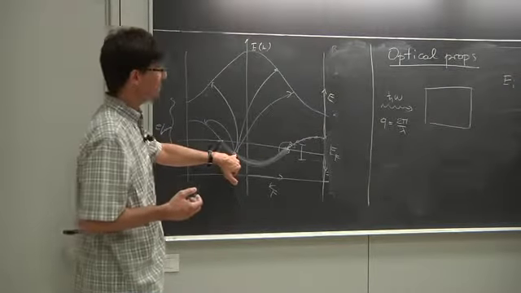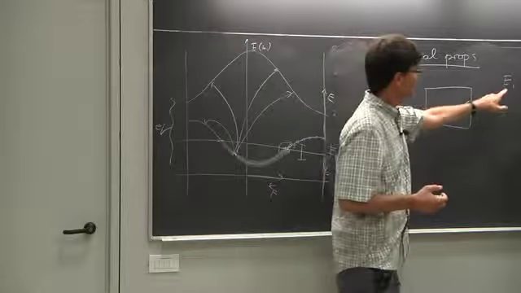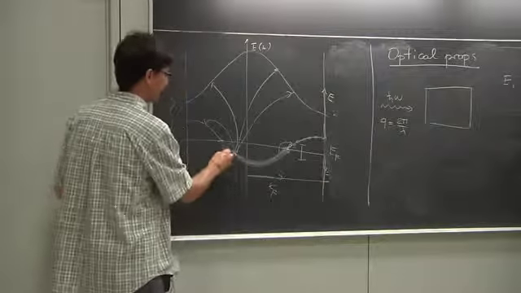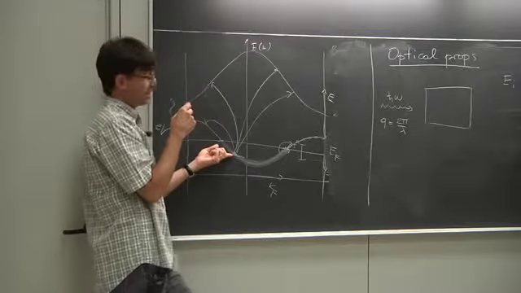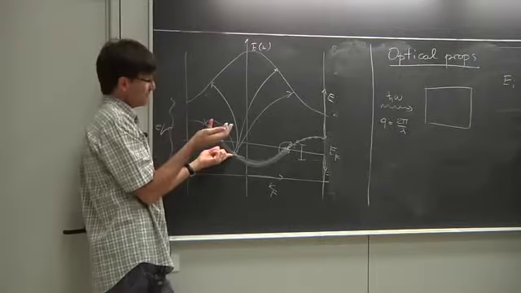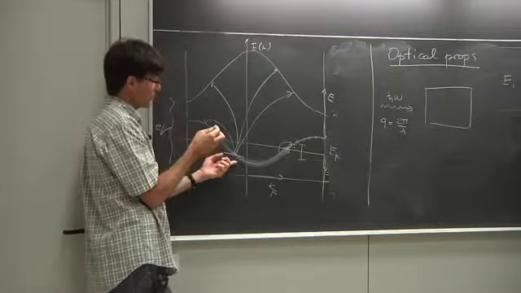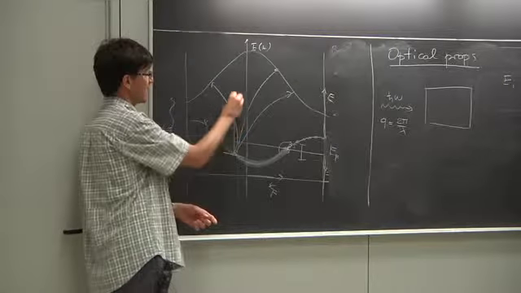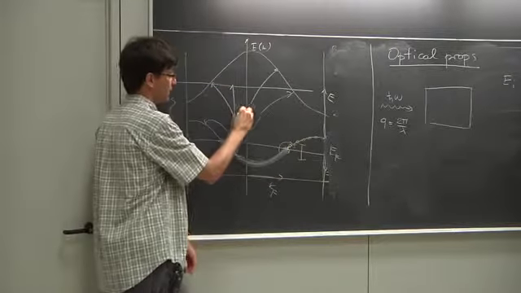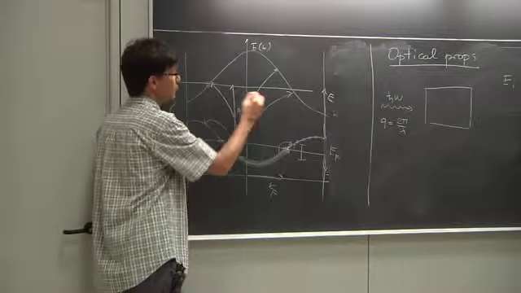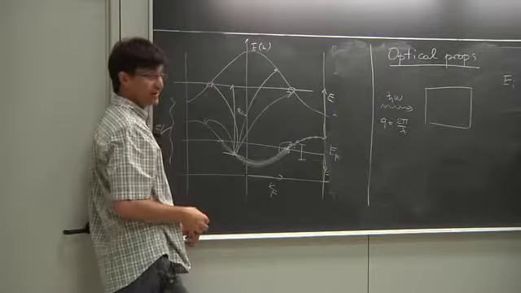You have to make sure that this condition is satisfied, that there is a state at an energy equal to h bar omega. But that is, with a few exceptions, always true, because if the photon energy is, say, this one, there will always be two states which have that difference in energy.